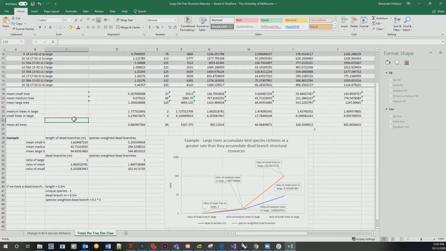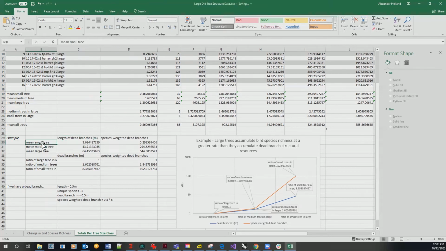Firstly, I'll explain just the raw structural resources. If we zoom into just, say, dead branches, we can see that a small tree has an average of 3.6 meters of dead branches, a medium tree has an average of 43 meters of dead branches, and a large tree has an average of 64 meters of dead branches.